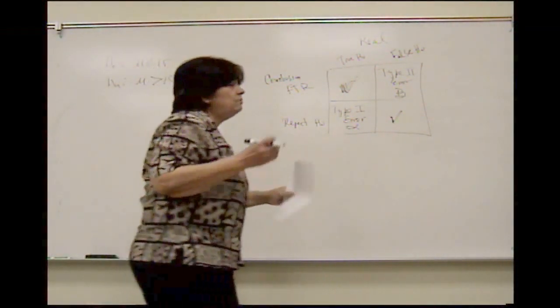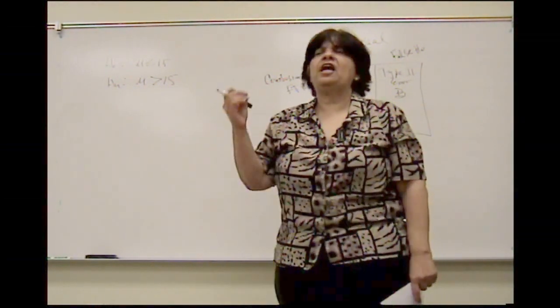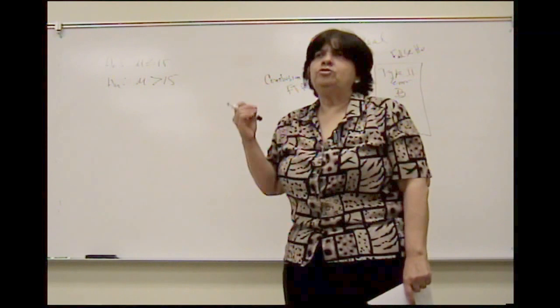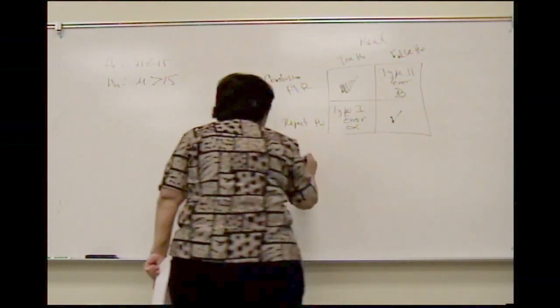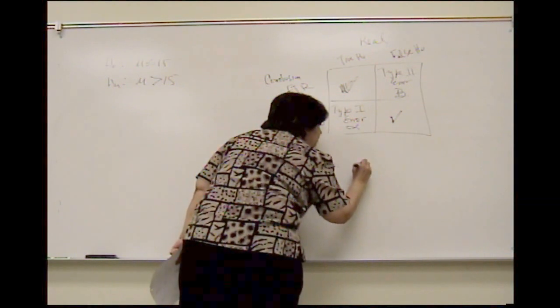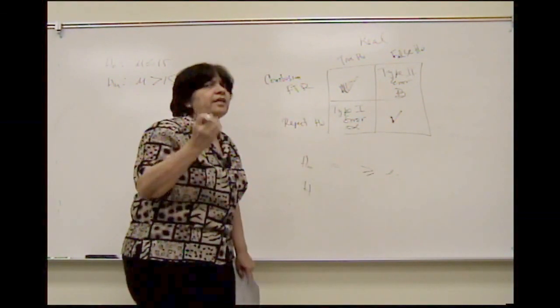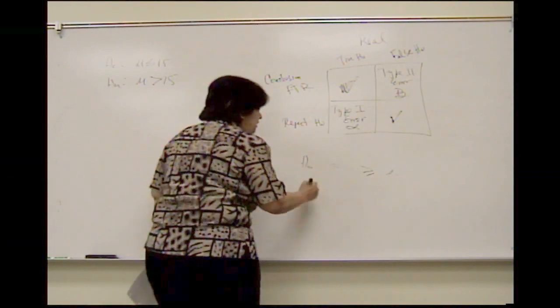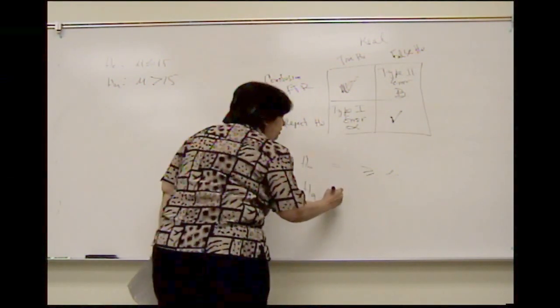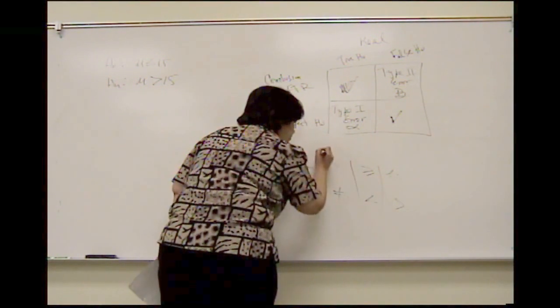Now, an important thing about hypothesis testing is that the null hypothesis always needs to have an equal sign. Is equal, or greater or equal, or less than or equal. Always the equal sign goes in the null hypothesis, and in the alternative hypothesis is the not equal, less, or greater in each one of the situations.